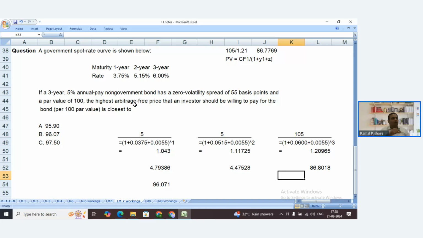Z spread is a constant spread over multiple years, right? Generally, this is what we are discussing so far in LM6, LM7, everywhere. We are talking about a fixed rate bond, a corporate bond. How do I measure the value of that bond?